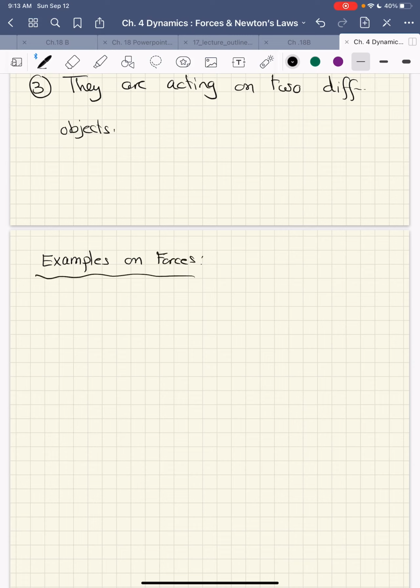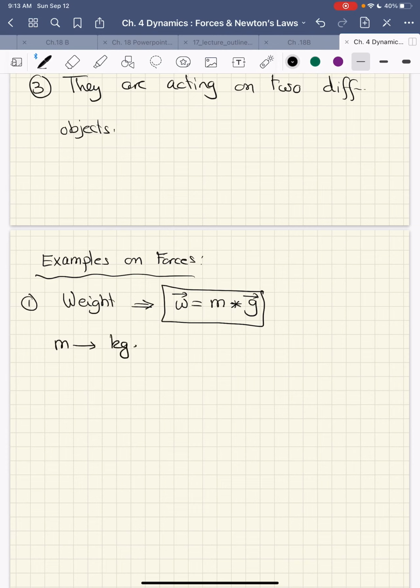And usually I will start with weight. And remember, most of the time, the mass is going to be given to you. Then you are going to find the weight by using this formula. And here, the mass should be in kilogram. The weight is acting perpendicular to the ground, always.